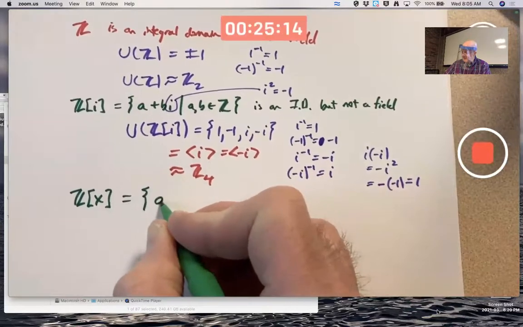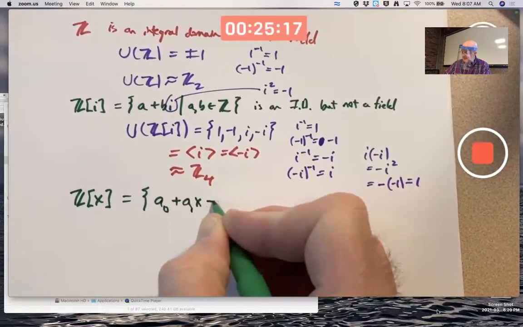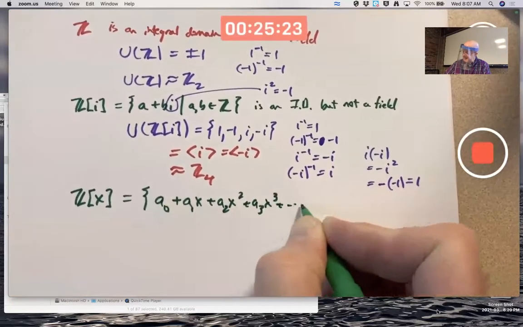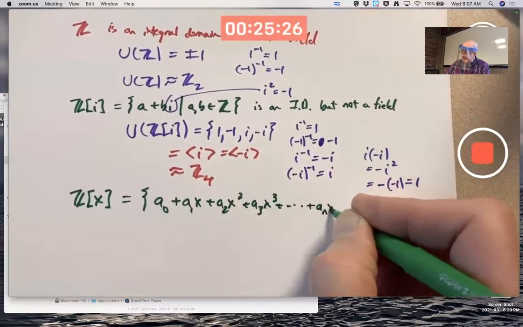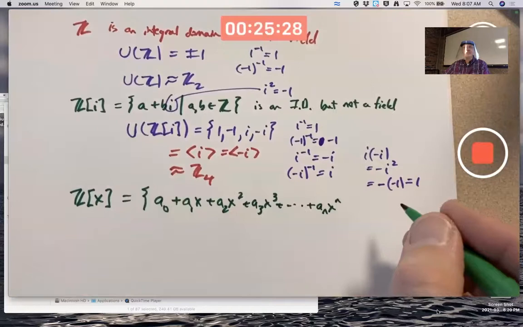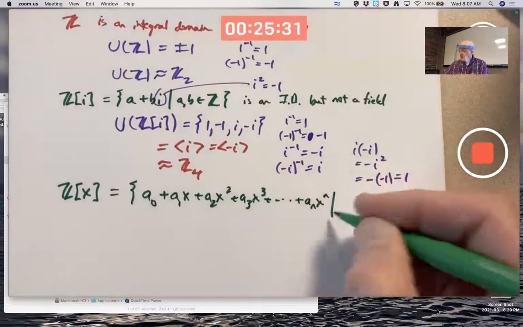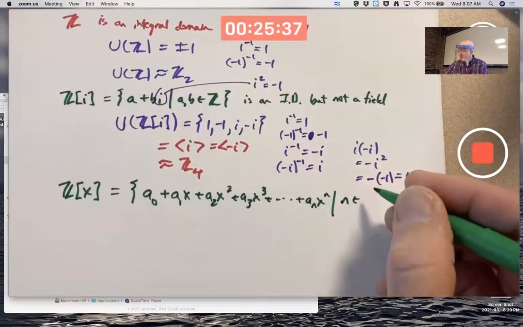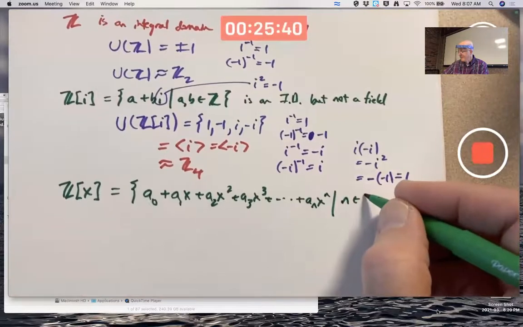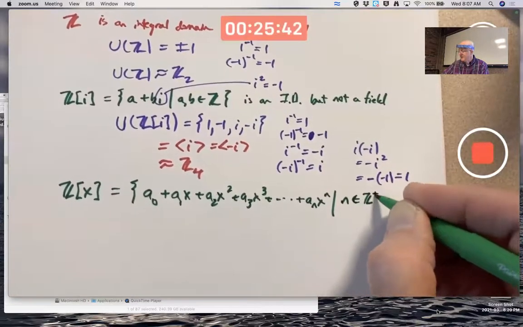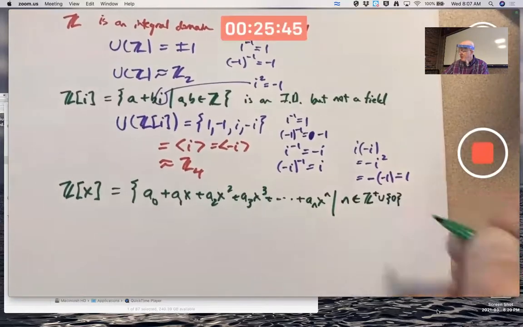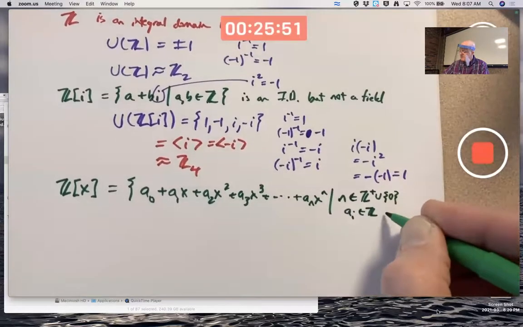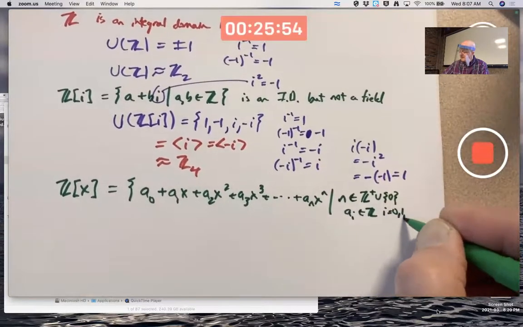But I guess I will. a0 plus a1x plus a2x squared plus a3x cubed plus dot, dot, dot, plus an x to the n, where n is some positive integer, possibly 0. I could write n is an element of Z plus and also union with 0. And these ai's are all integers for i goes from 0 to n.